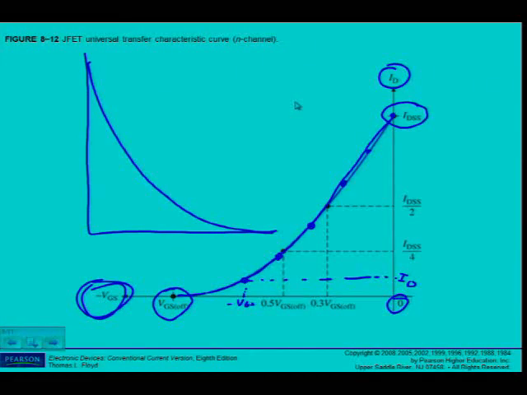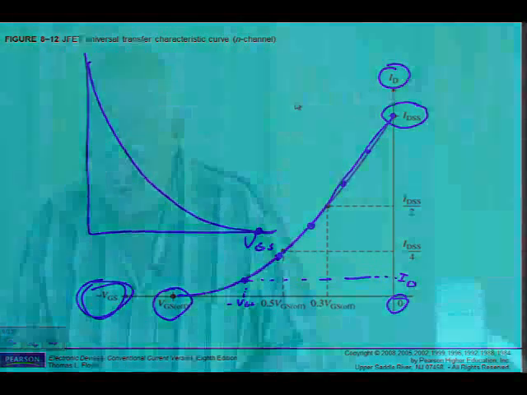It's going to look like that, positive. So I'm going to have a positive VGS value. That's why I said earlier when we started to discuss the JFET that you have to be able to distinguish, especially from the symbols, if it is an N channel or a P channel. Otherwise you're going to draw the wrong transfer characteristic curve.